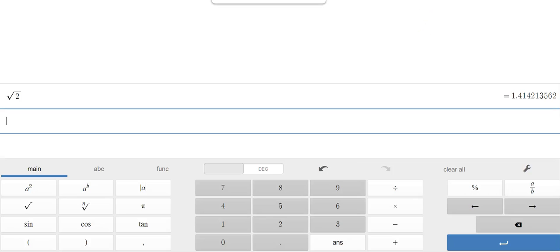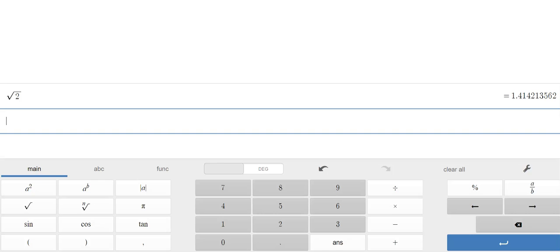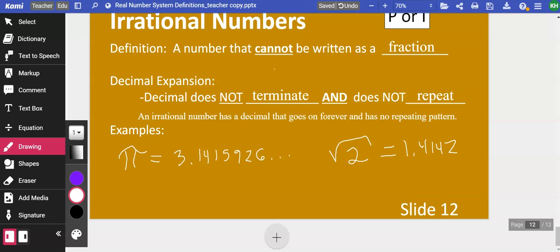So let's write part of that down. 1.4142, we'll write a few more. 13562. All right, and I'm out of room, so I'm just going to put dot, dot, dot. So it goes on forever. This decimal expansion goes on forever, and there's no pattern.